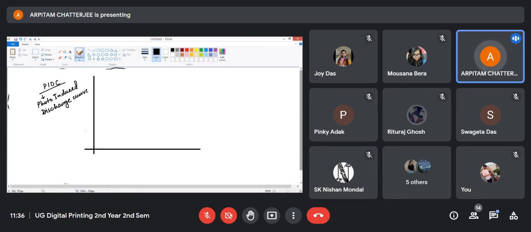Here we have the potential over here in this range, and here we have the time, that means the entire processing time. And this curve has a nature of something like this.